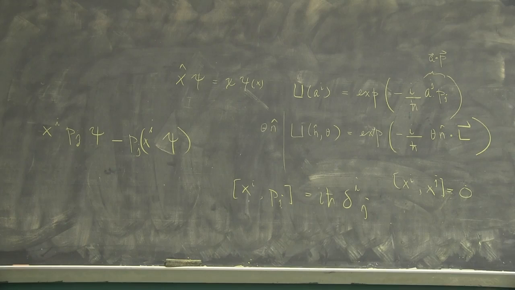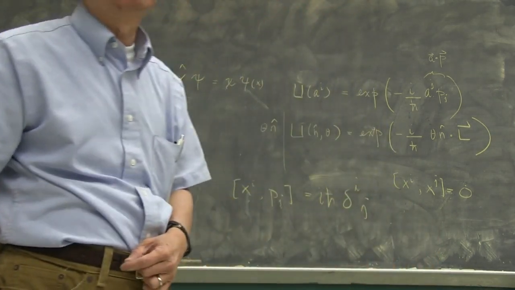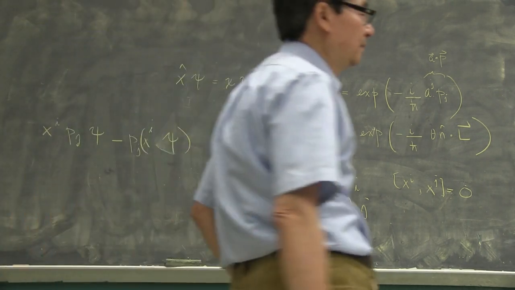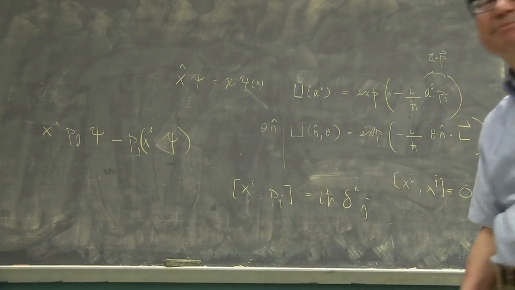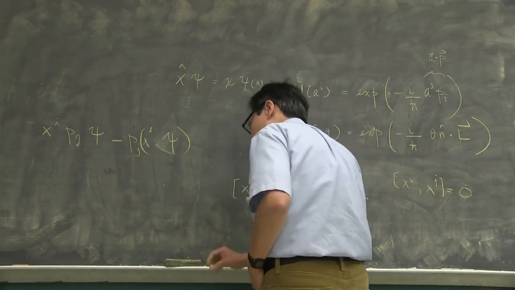Now, it's not entirely easy to define the position operator mathematically. To do it strictly, you have to involve the Dirac delta function and so on, which I'm not going to go through at this point. We gloss all those things over in the beginning quantum mechanics class. And similarly, the p's commute among themselves.